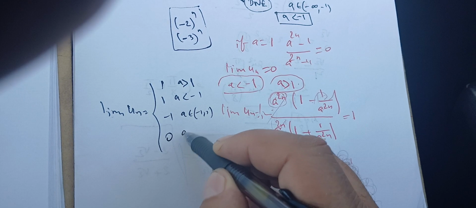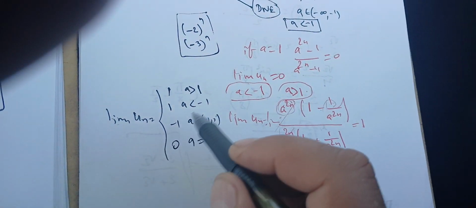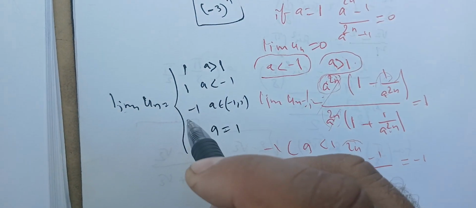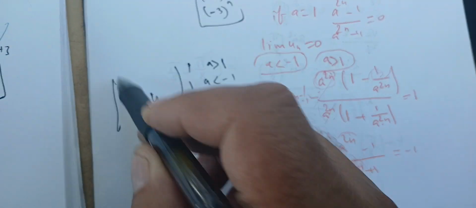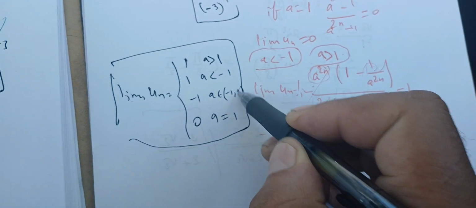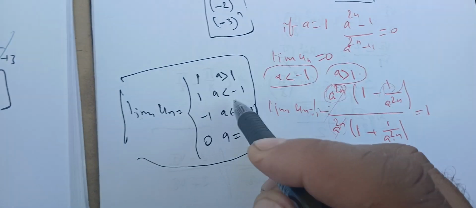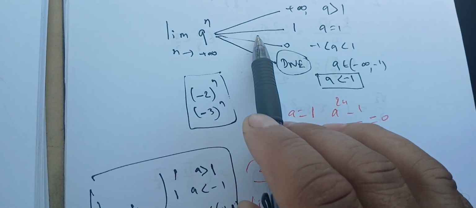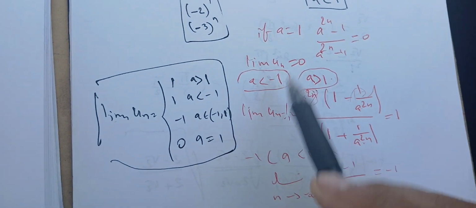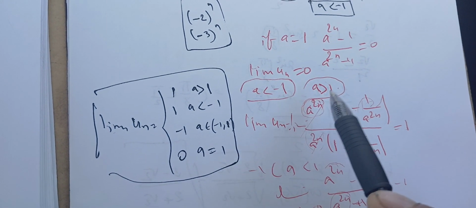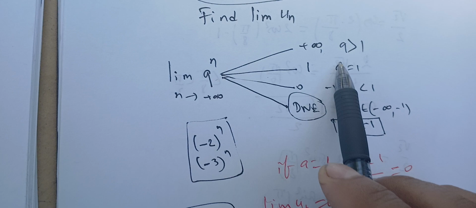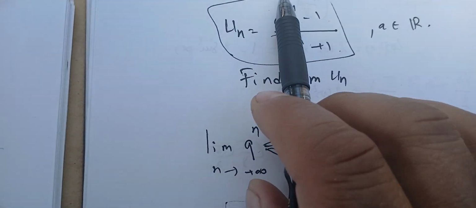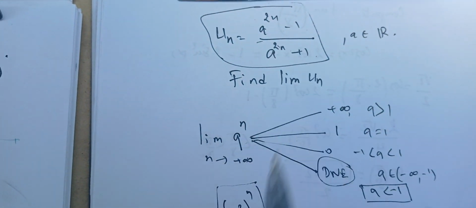So I have 3 limits depending on where the value of a is located. This means the value of this sequence depends on the value of a, and these are my limits. I get them based on this and on some rewriting of the sequence. The key idea is this one here, noticing that we can rewrite this sequence.